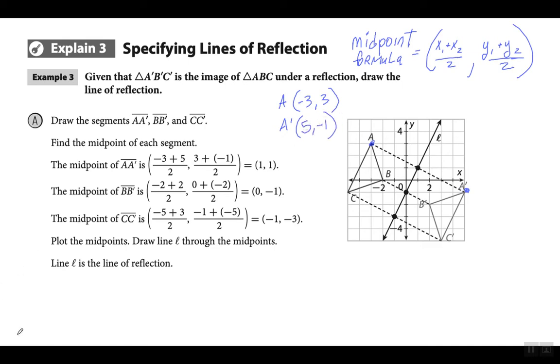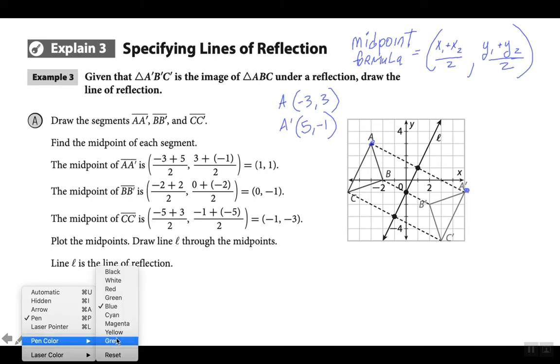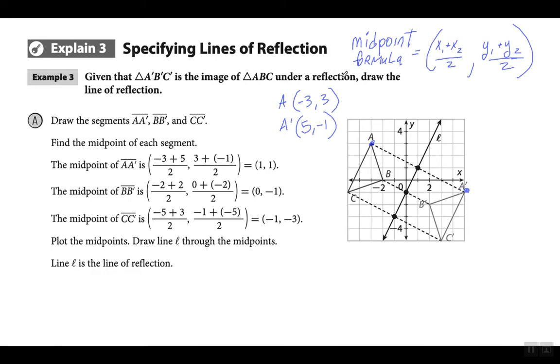Let me change my pen color. To get the midpoint for A and A prime, I would add the x coordinates, so (-3 + 5) divided by 2, and I'm going to add the y coordinates, so (3 + -1) divided by 2.